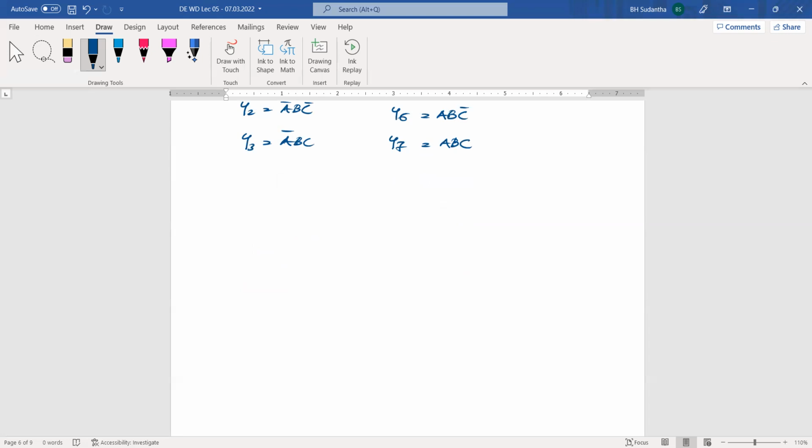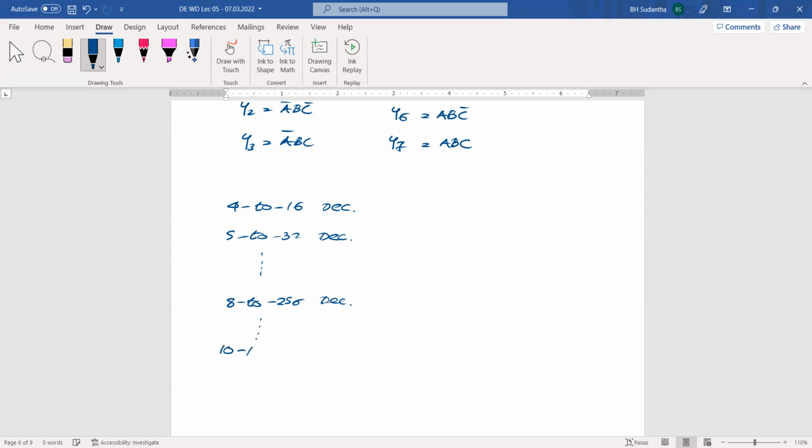Okay, if you are okay with the 3 to 8 decoder, then the next decoders will be 4 to 16 decoder, then 5 to 32 decoder. Likewise, when you go like this, 8 to 256 decoder. What do you think? Is it possible?